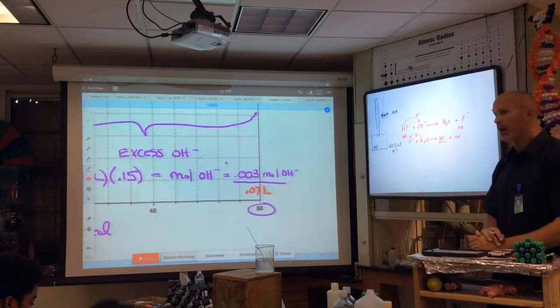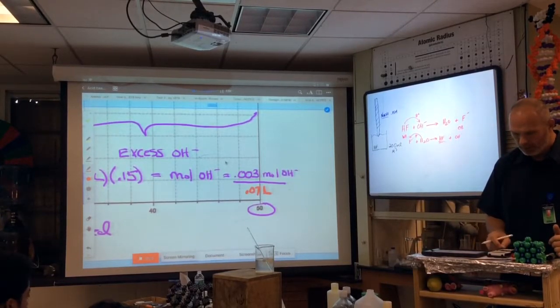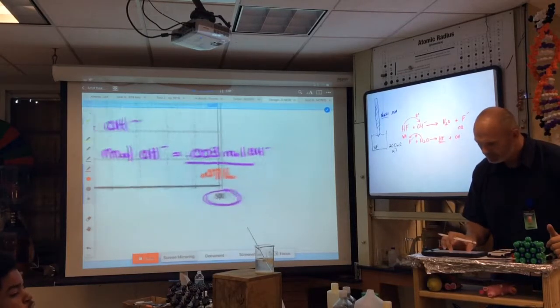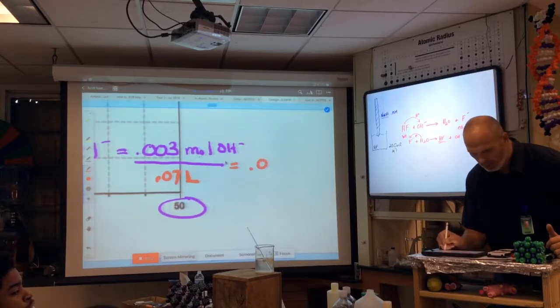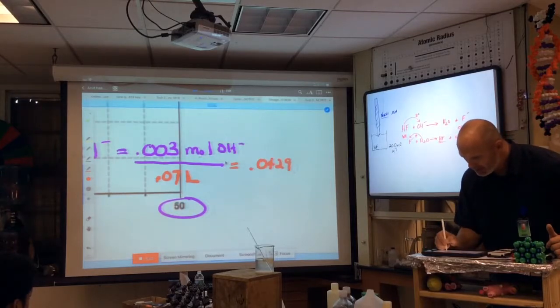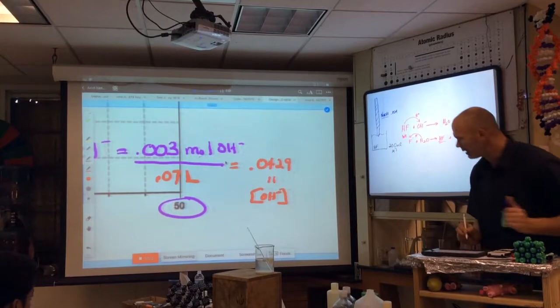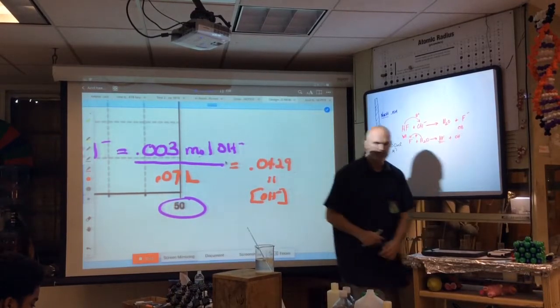It has to be in liters for molarity. So 0.003 divided by 0.07 gives me a molarity to be 0.0429, and that's the what? That's equal to the concentration, brackets, hydroxide. I'm going to write it all here. That represents molarity of the hydroxide ion.